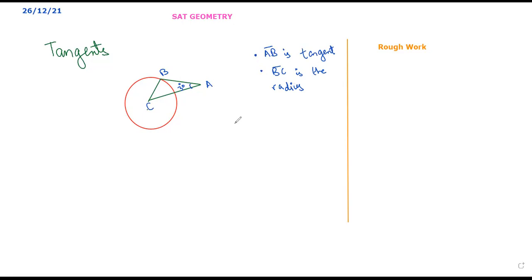And you need to find the length of AB. Okay. So any idea?